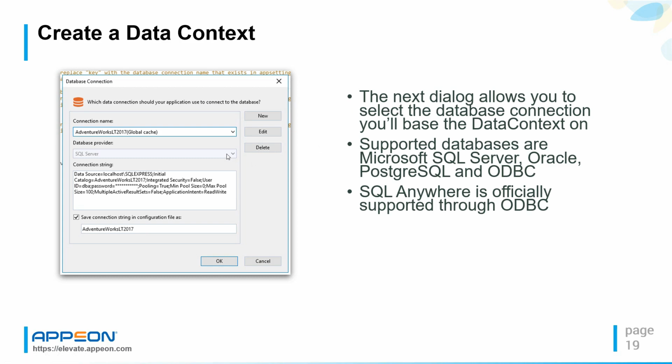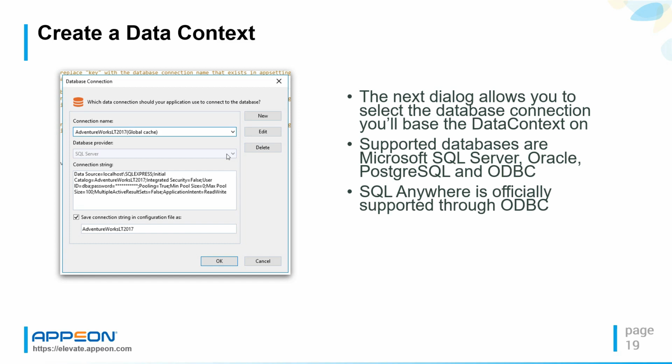So this drop-down list box here, and we'll see it in the new dialog as well, indicates what particular database we are going to work with, the vendor essentially. The supported databases are Microsoft SQL Server, Oracle, and PostgreSQL. In addition to that, there is support for the ODBC driver, and if you're going to use SQL Anywhere, that's where you're going to go. SQL Anywhere is officially supported by Appeon through the ODBC driver.